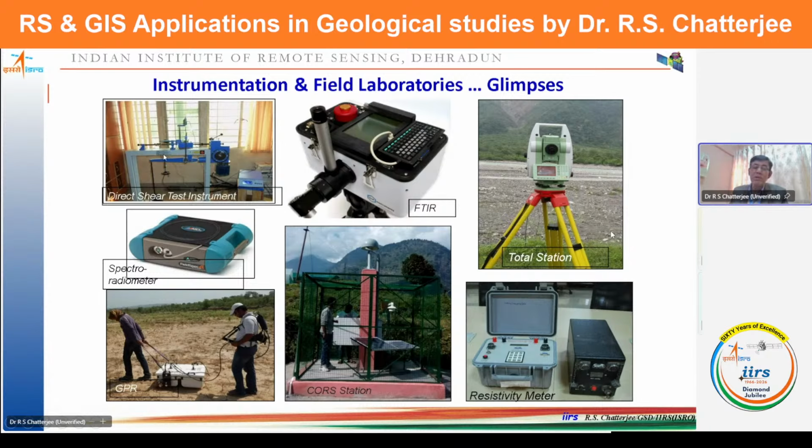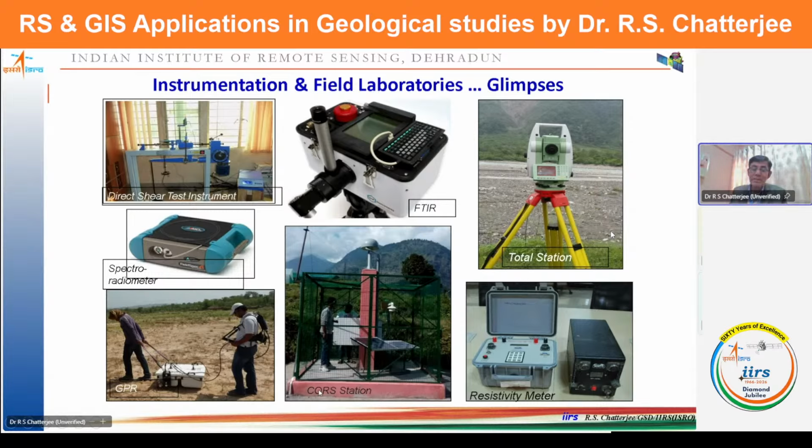Similarly, if it is engineering geological properties of the material or geotechnical properties, then we need to go for engineering geological tests, like the direct shear test instrument. We have an engineering geology lab. And geophysical instruments are very, very important to see what is subsurface, like ground penetrating radar.